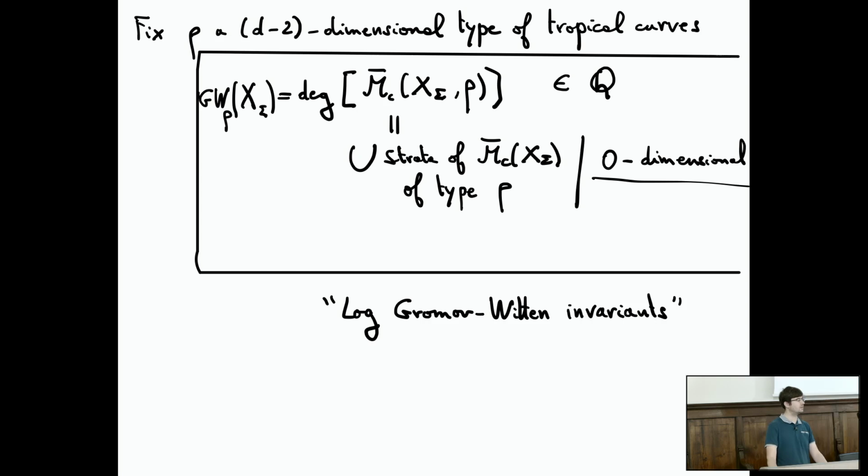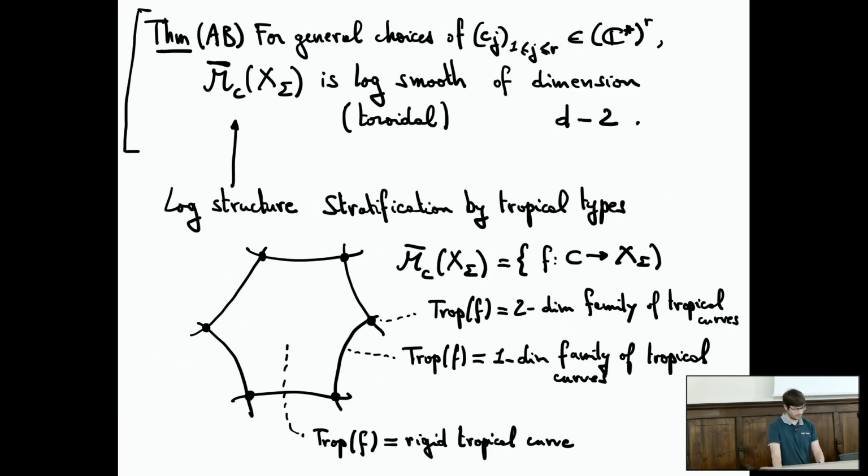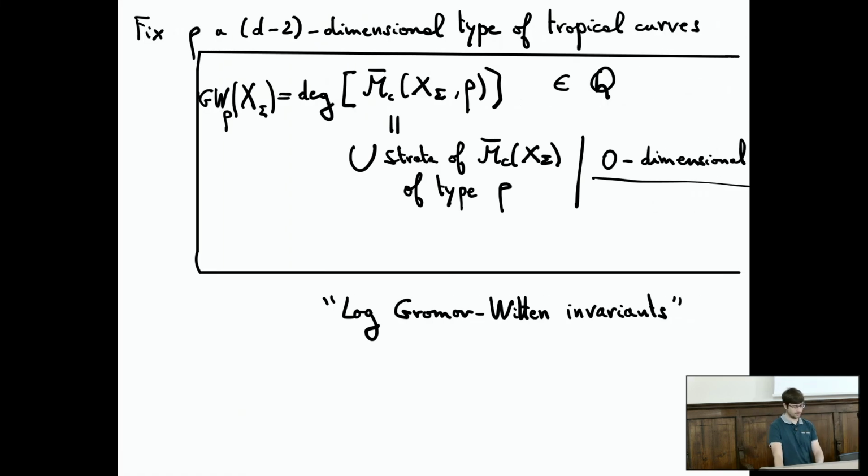And is it a virtual cycle? Yeah. Here in this toric situation, the moduli space is log smooth of the expected dimension, so you can work with an honest ordinary cycle, no virtual. But in a minute we'll go to the cluster story, and then it will need virtual. If you want, you could put virtual here and you will get the same answer. You just don't have to in this particular situation.